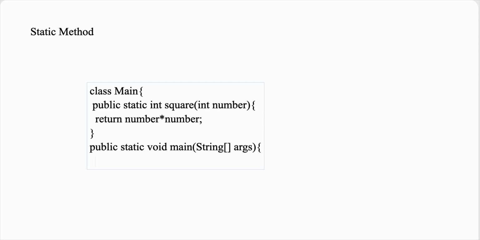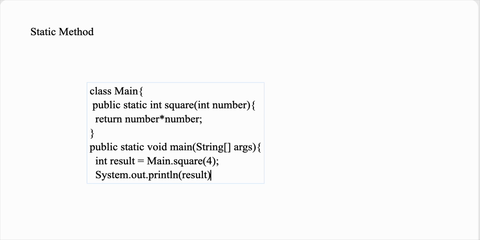Here we directly create int result equals Main.square, and then we can print that. System.out.println result. Okay, here we can complete.